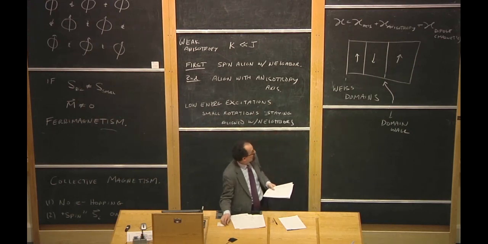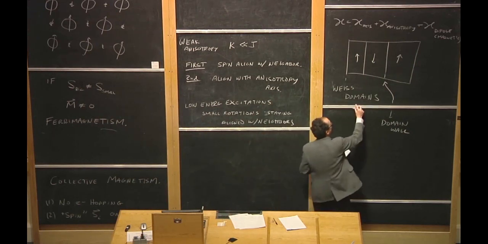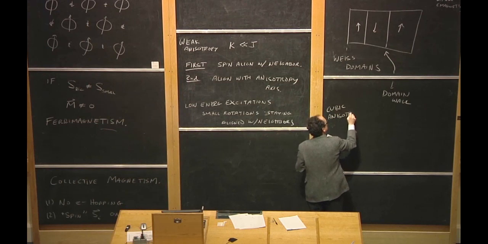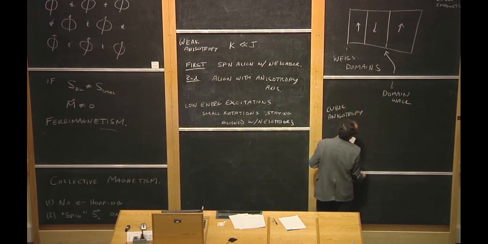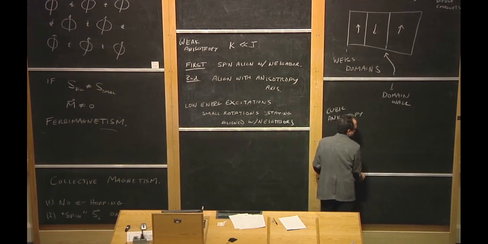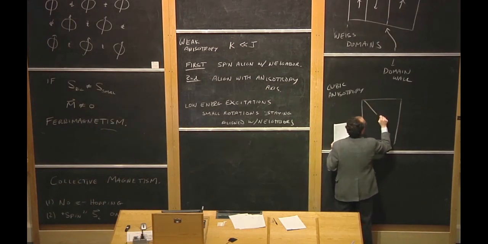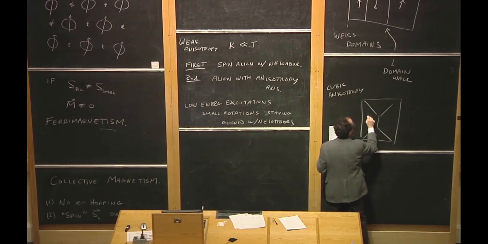If you had a different type of anisotropy, for example cubic anisotropy, the domain wall structure might look different. You might have something that looks like this, where this points up, this points right, this points left, down like that.